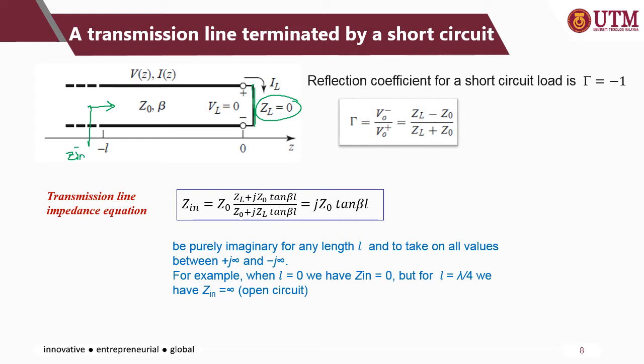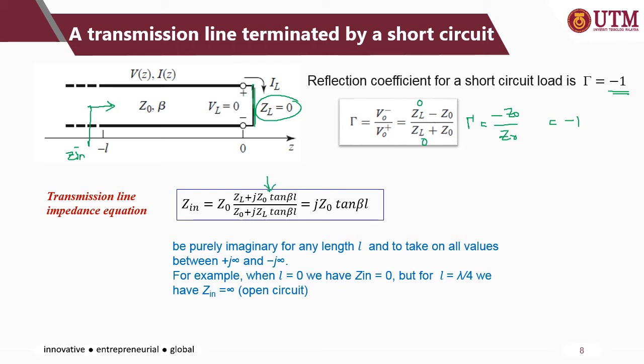Right, so in this case, when ZL equal to 0, we can get the reflection coefficient equal to -1, since ZL equal to 0 and 0 minus Z0 over Z0, so we get -1.